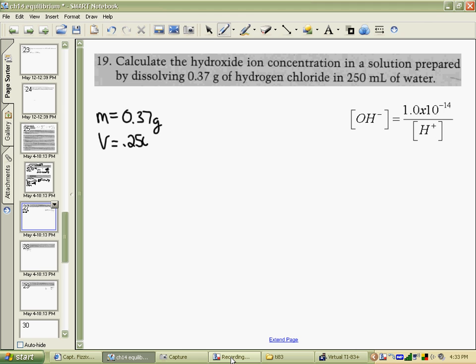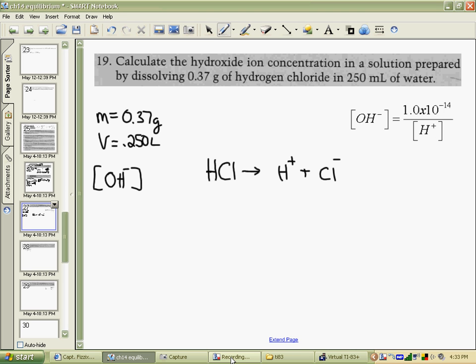So our reaction, you take hydrogen chloride and dissolve it in water. It dissolves into ions, H plus and Cl minus. That's all in a 1-to-1 ratio when it's balanced. So we are dissolving this, and the question wants to know what is the hydroxide ion concentration.